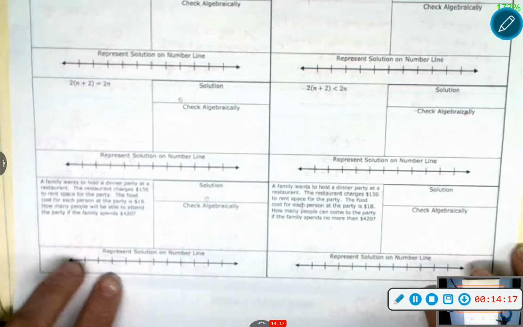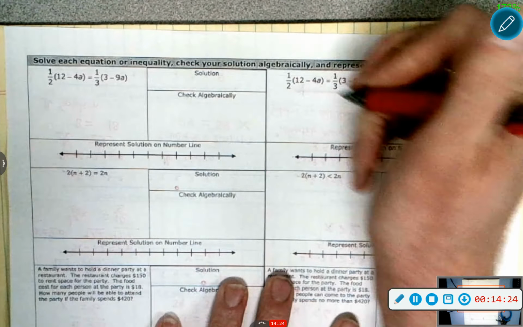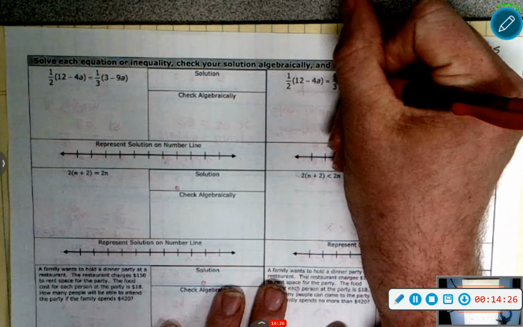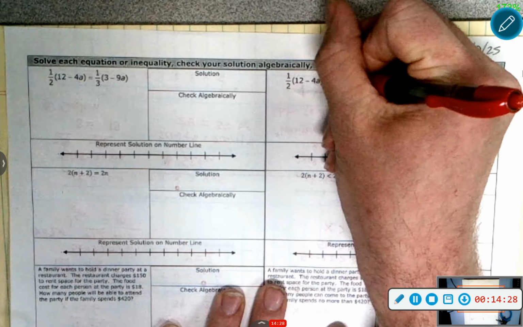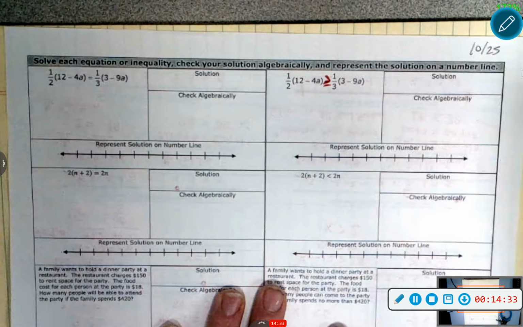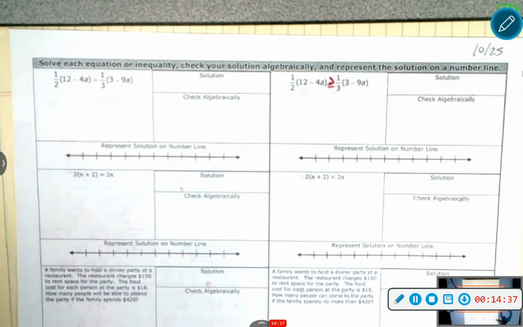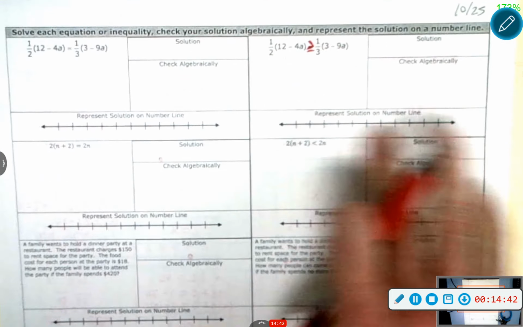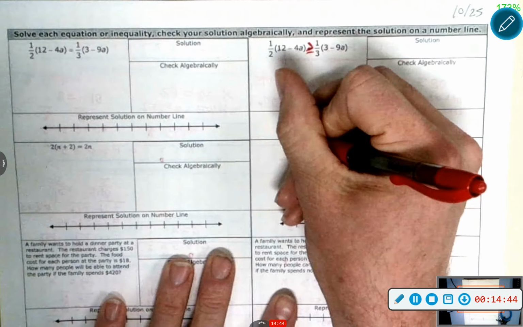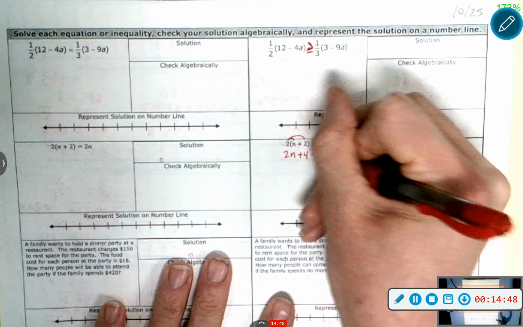On the back, there's one thing I want to change, and the thing I want to change is this needs to be a symbol like this. So make it a greater than or equal to symbol, so that way it actually represents the dichotomy of equations versus inequalities. And I'm going to quickly do this inequality. 2n plus 4 is less than 2n.